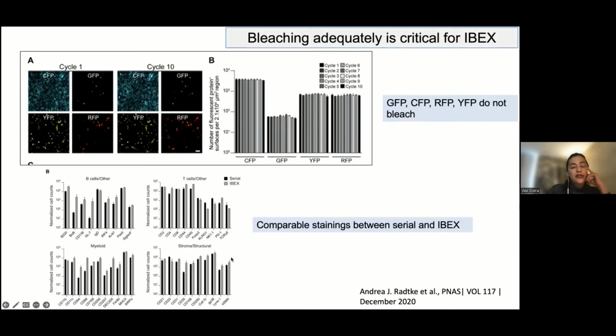Another important thing that Andrea showed in this very potent methodology is a comparison between the analysis of expression of many different markers in B cells, in T cells, in myeloid cells, and in structural molecules, comparing what she called the serial IBEX, which is the one that uses just one slice and different cycles, versus the one that you do in serial slices.